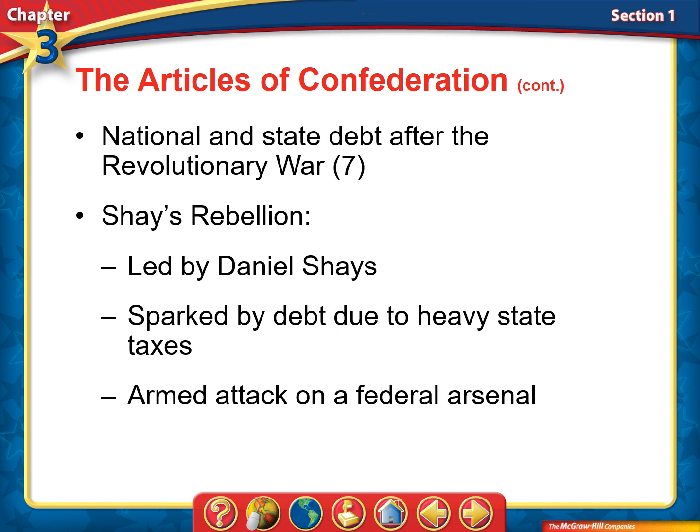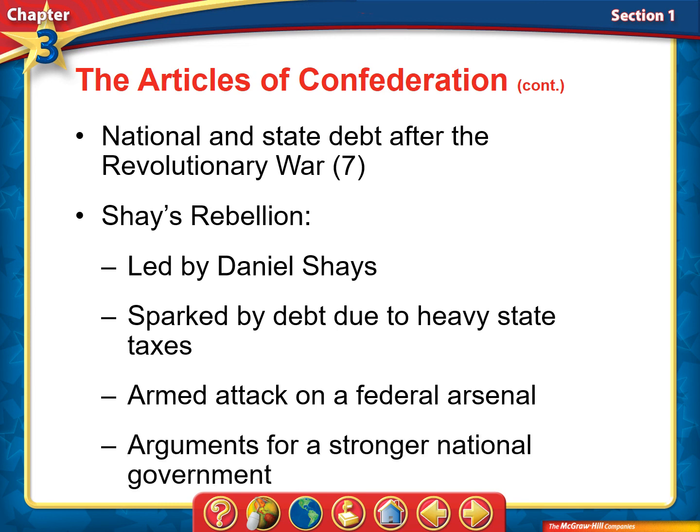They didn't overthrow the government, but it sent a powerful message that, oh my gosh, if a bunch of angry farmers can just about overthrow a state government simply because they don't want to pay a tax, then we're going to have to figure out a way to collect taxes and enforce laws. And so Shays' rebellion, even though he wasn't trying to overthrow the entire national government, sent a powerful message.